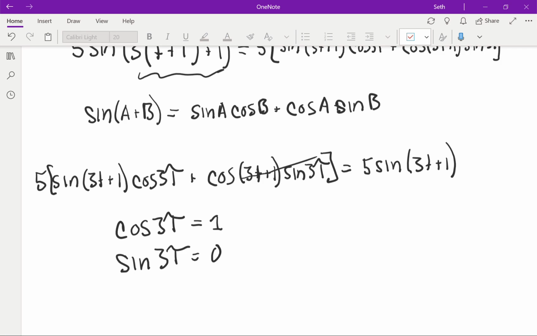So this is a system of equations, and hopefully you recognize that for this to be true, cosine 3 tau equals 1, that is, then 3 tau needs to be a multiple of 2 pi.